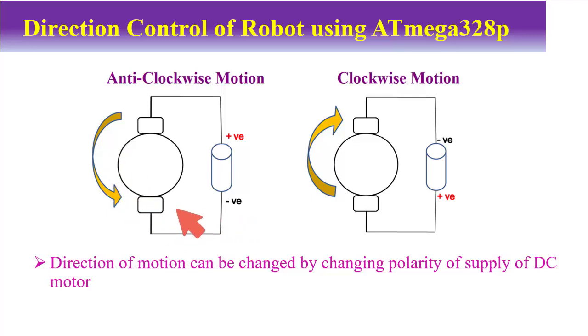From anti-clockwise to clockwise direction, we can change the movement of the motor by just reversing the polarity of the supply. This terminal is now connected to the negative terminal of the battery, and this terminal of the motor is now connected to the positive terminal of the battery. We just need to change the polarity. How the polarity of the supply for a particular motor can be changed, I will explain a little later.